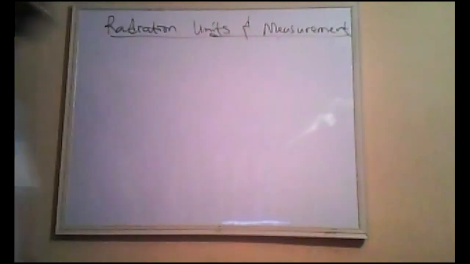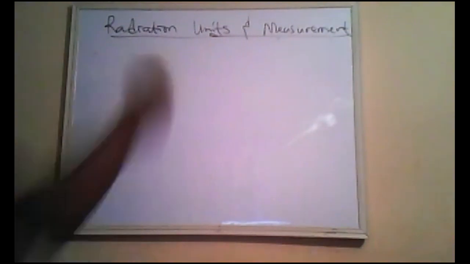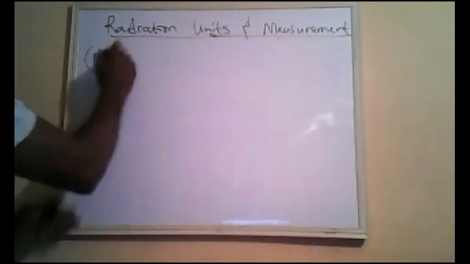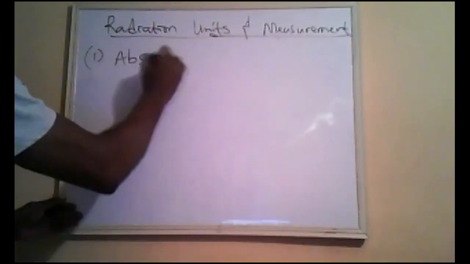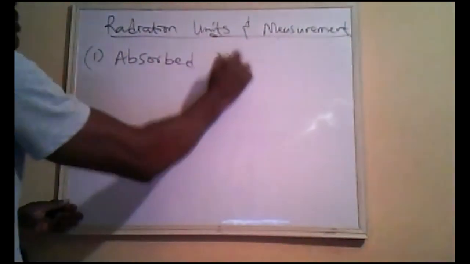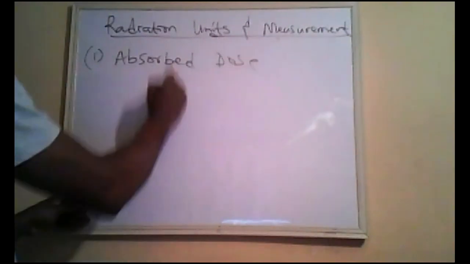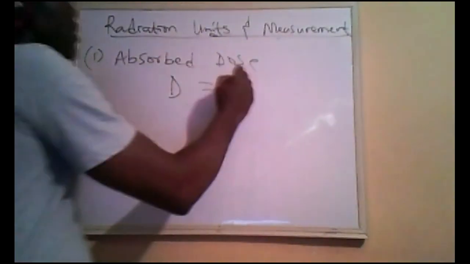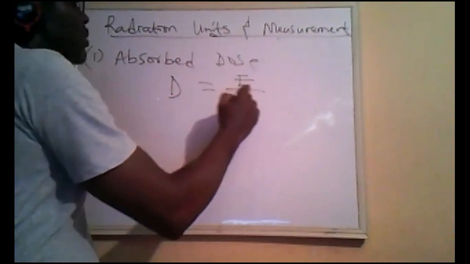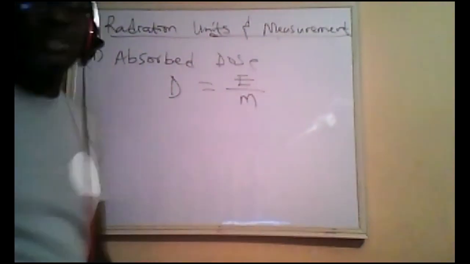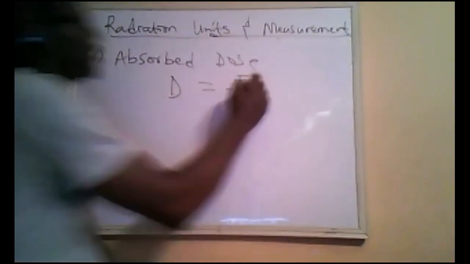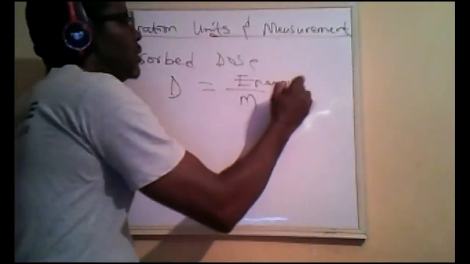So other units which we normally come in contact with: the absorbed dose. The absorbed dose is simply the energy imparted to a particular tissue per unit mass.